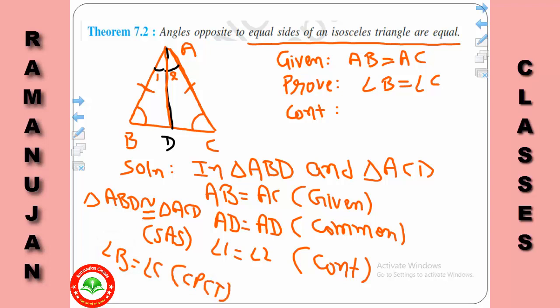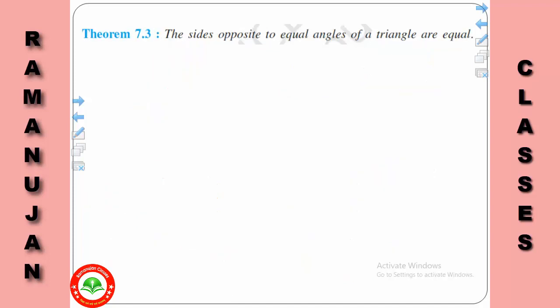Corresponding parts of congruent triangles are equal. We have one more theorem. Now it is the converse: the sides opposite to equal angles of a triangle are equal. If we have two equal angles in a triangle, then the sides opposite to them are going to be equal.